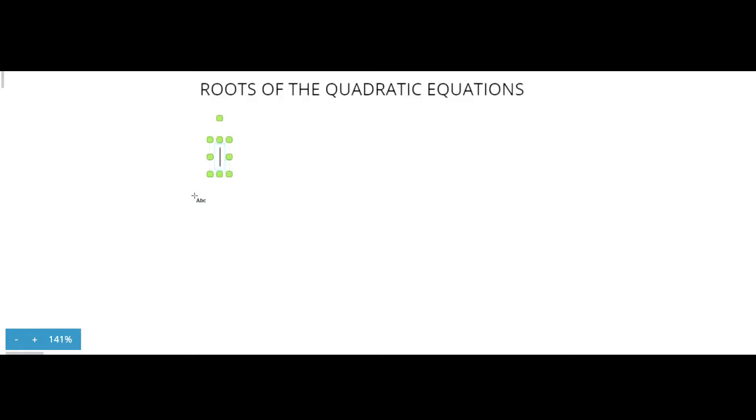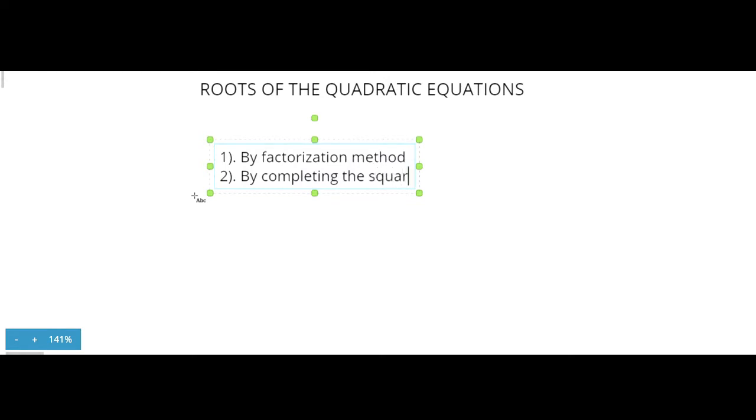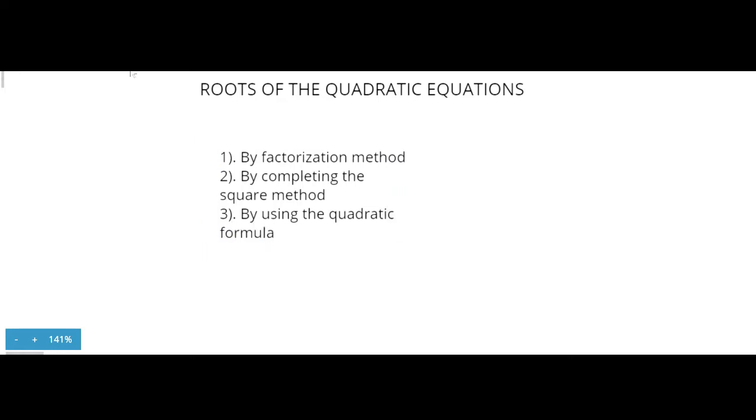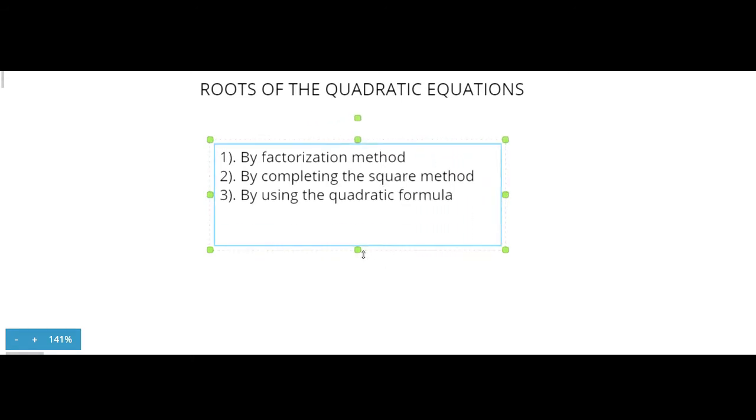One of them is the factorization method. The next one is the completing the square method. And the third one is by using the quadratic formula. So these are the three ways in which you can easily find the roots of quadratic equations.